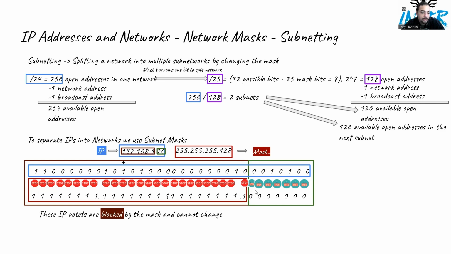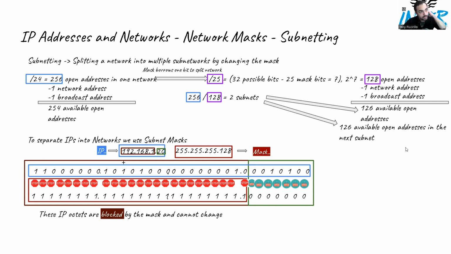So remember that for each binary lane, there are 8 of them, and each is represented by 2 to the power of a number, right? So 2 to the power of 0, 2 to the power of 1, 2, 3, 4, 5, 6, 7. So 2 to the power of 7 represents what this number here would be. So this mask number, 2 to the power of 7, is 128. That's why we have 128 right here.